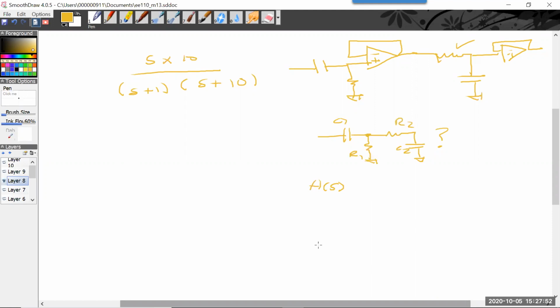In the op-amp version, it's going to be S over S plus 1 over R1C1, times 1 over R2C2.